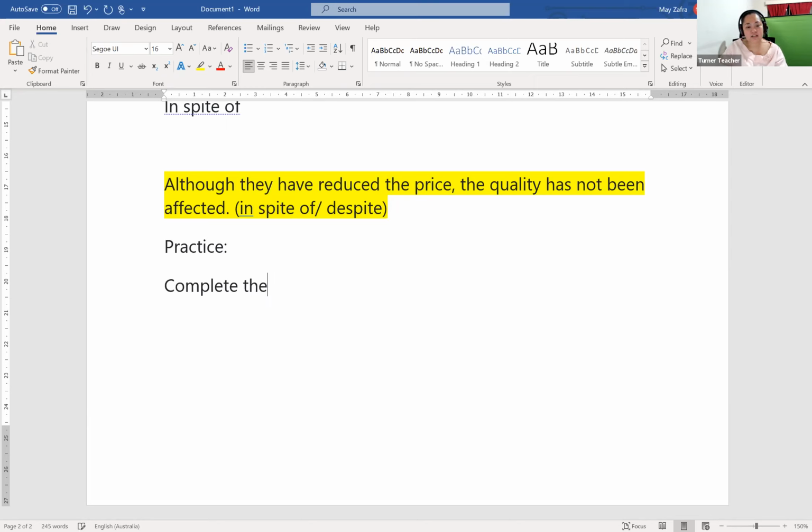Complete the sentences below. Number 1. Despite the lockdown. Please complete that. Plus noun phrase.